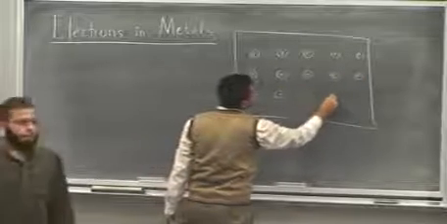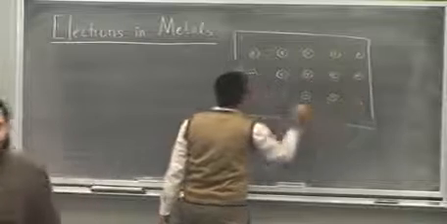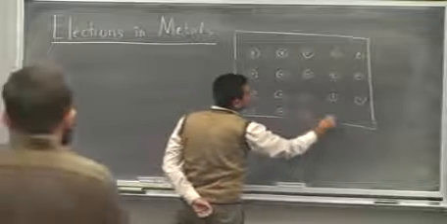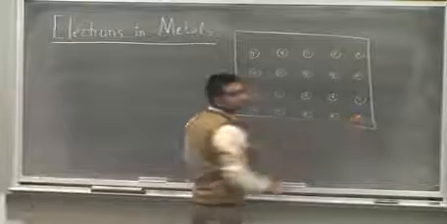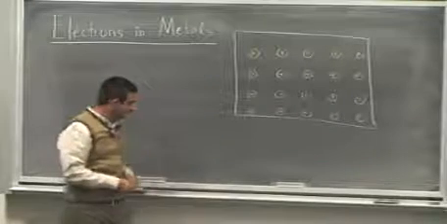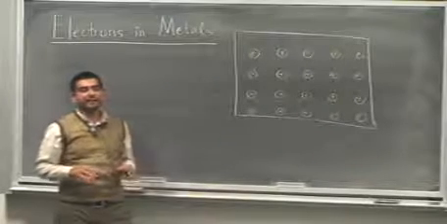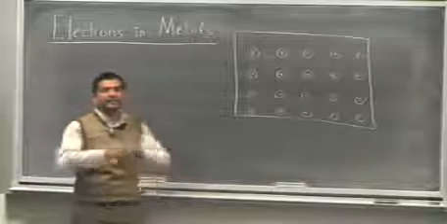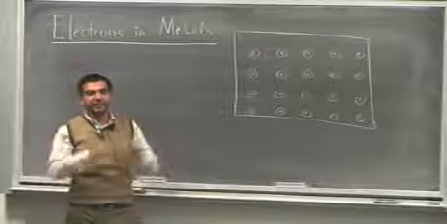So this is a rigid structure or frame of positive ions, and these positive ions comprise the nuclei as well as the core electrons. And the valence electrons, they are free from the ions, they do not belong to any atom, and they are inside the metal, and there is a sea of electrons.